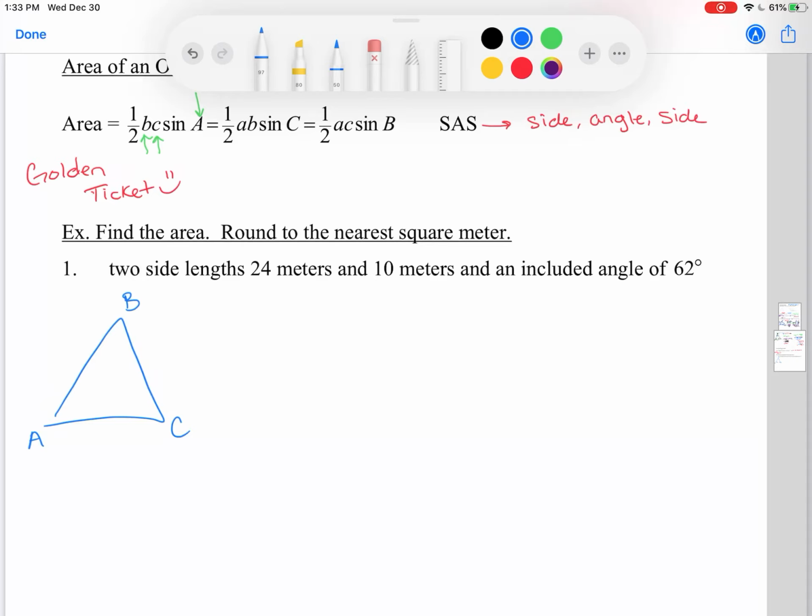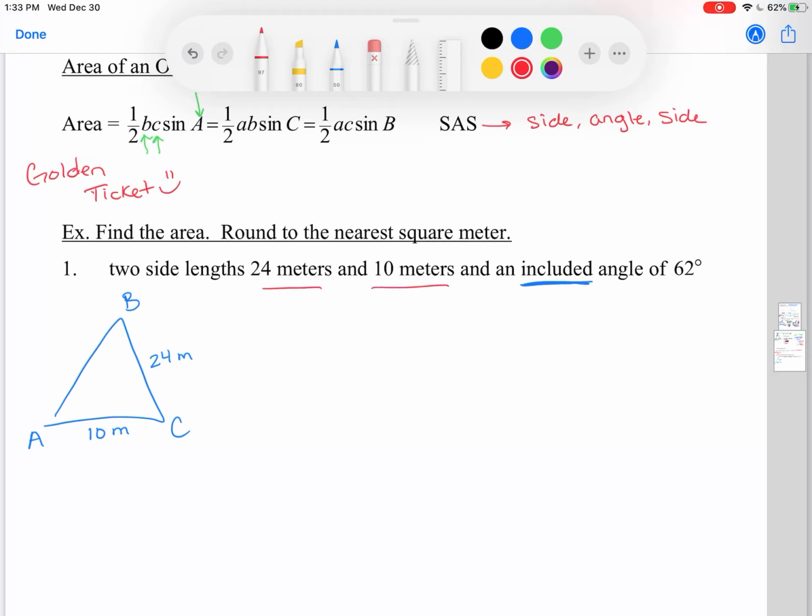Two side lengths. You can name whatever side lengths as long as they go together. So I'm going to say 24 here, just because, and then the next side length is going to be here. The key is it says an included angle of 62 degrees. That doesn't mean you throw 62 wherever you want. It needs to be included between those two side lengths.